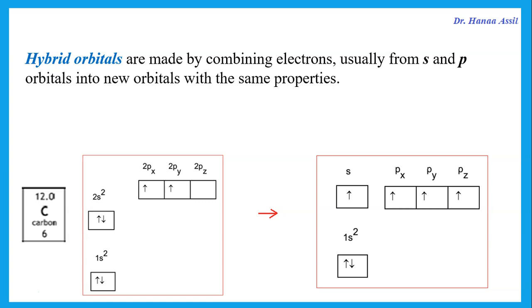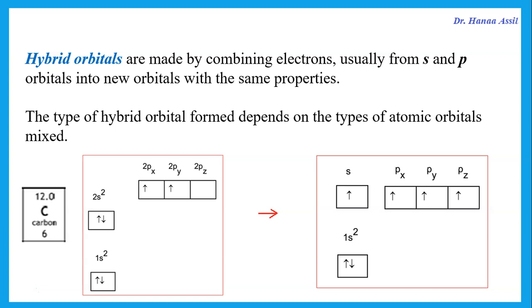So, hybrid orbitals are made by combining orbitals, usually from the s and p, because the s and p are very close in energy. So we're going to mix all the orbitals of the s and p and regard them as equivalent. So now we have 4 unpaired electrons, and we can choose from that which electrons we need to make which type of bonds.